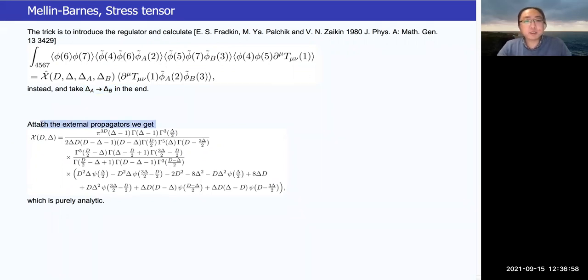You attach the external propagators, and you indeed get an analytic expression. I think this makes it very clear. They are meromorphic functions, right? They are gamma functions, and this psi is basically the digamma function, and they just have some poles. There are no other kinds of singularities essentially.